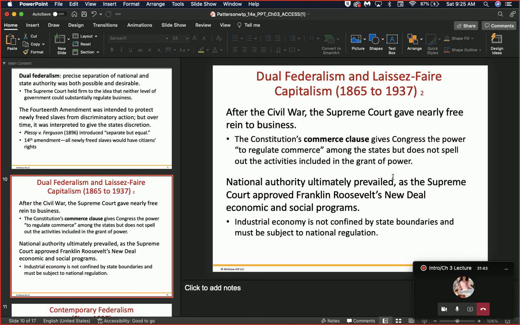What does that mean? Basically, at this time, we saw Congress being able to regulate things that involved trade. So they were able to regulate railroads to a certain extent during this time period to allow farmers and those sorts of people to be able to transport their goods and that sort of thing, the trade, right?